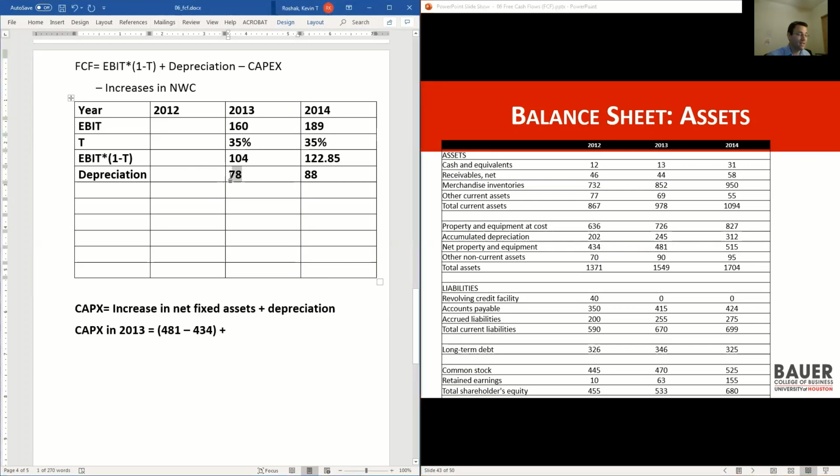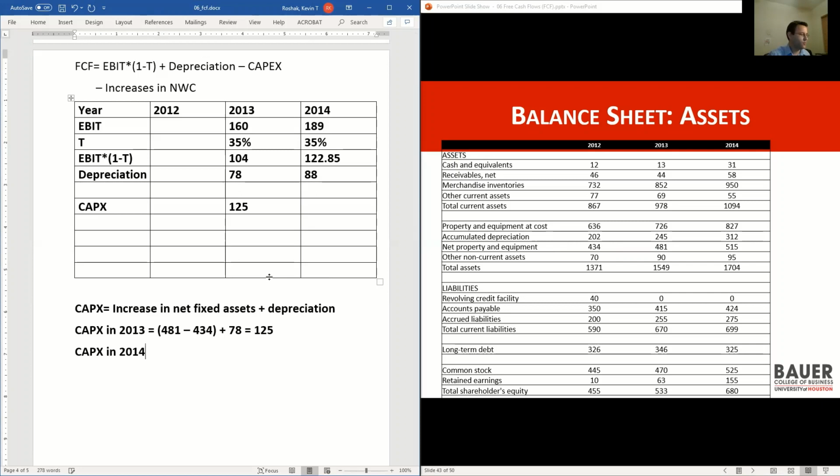We bought stuff worth 78 to offset this depreciation, but then we also bought an extra 47 on top of that. So that gets us a total CAPEX of 125 for 2013. We needed the 2012 data to do that, but we just approached it very systematically.